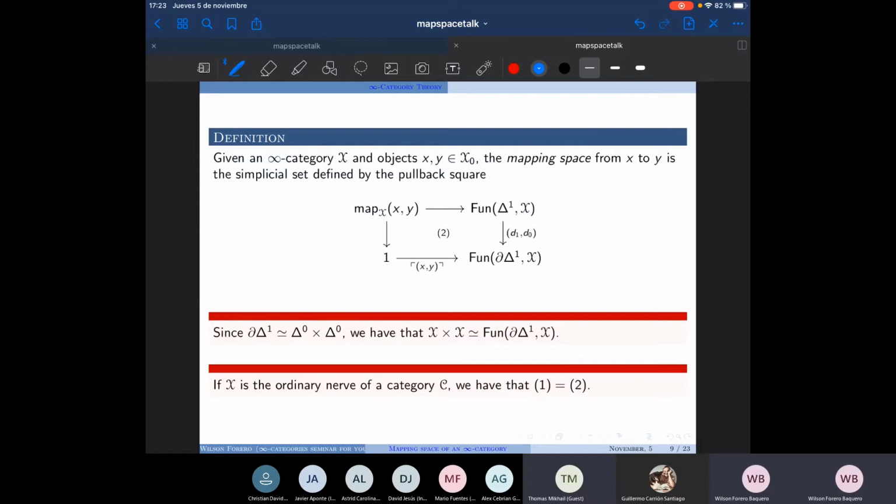Sorry, just a minor thing. I think maybe it's a typo, but the boundary of Delta 1 is the coproduct of Delta 0 with Delta 0, right? Or am I mistaken? Yeah, that's right.